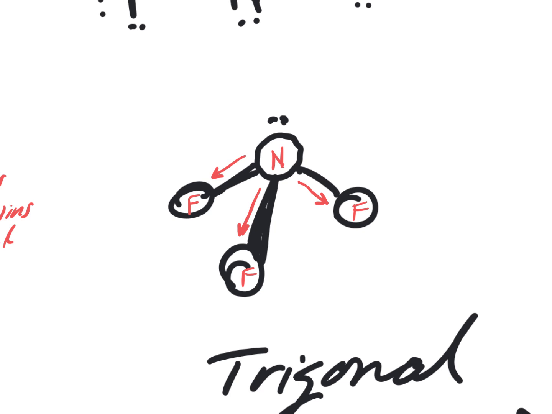I'm going to shade in where the electrons are going to be drawn. They're going to be drawn more toward this side of the molecule, leaving this side of the molecule more negative and this side of the molecule more positive.